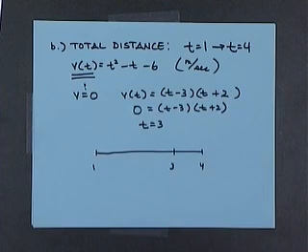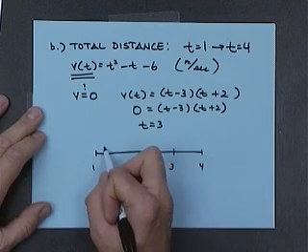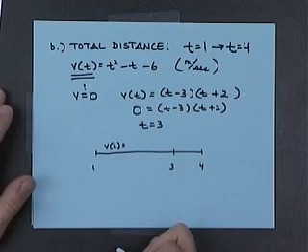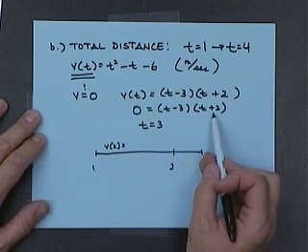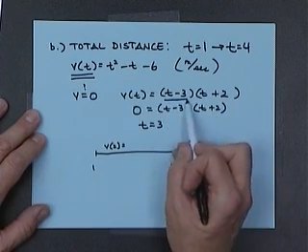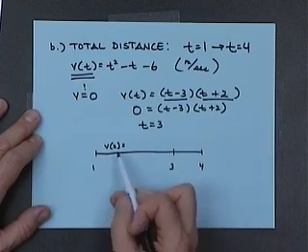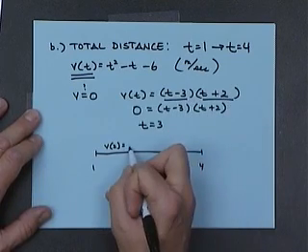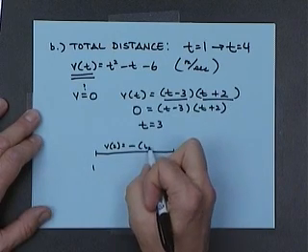The velocity is 0 there. So what's the velocity at 2? Is it moving right or moving left? You put 2 into the factored form. Positive or negative? One piece is negative, the other piece is positive. So it starts out moving negative, moving to the left.